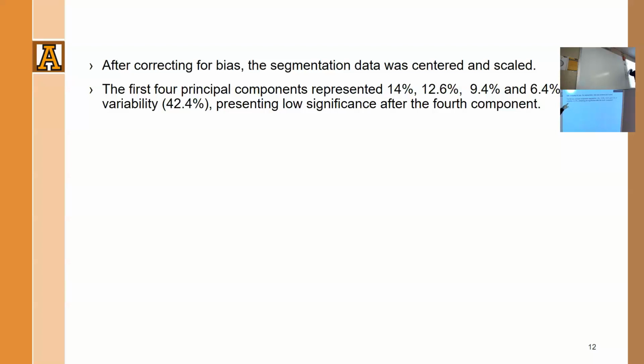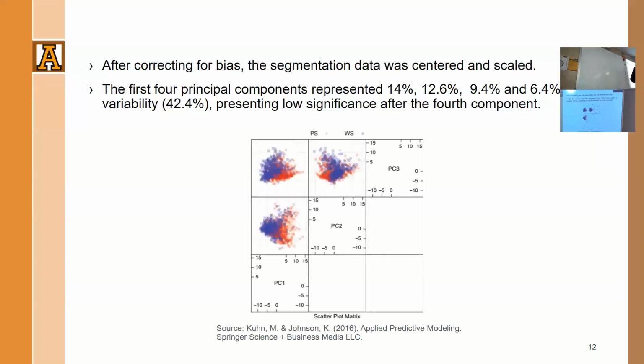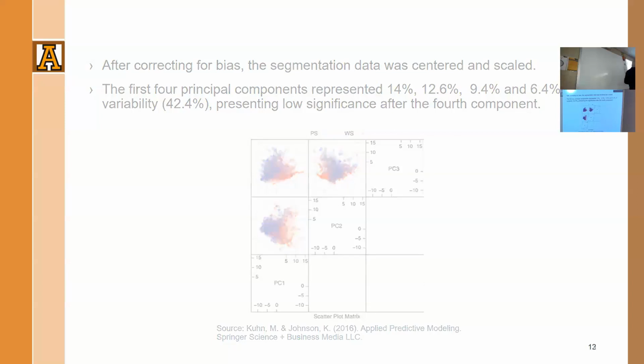And it would not be wise to use only those four principal components to try to do classification. That's with principal component 1 versus principal components 2 and 3. And we can see how the data looks when we plot the well-segmented cells and the poorly segmented cells with each of the principal component pairs.